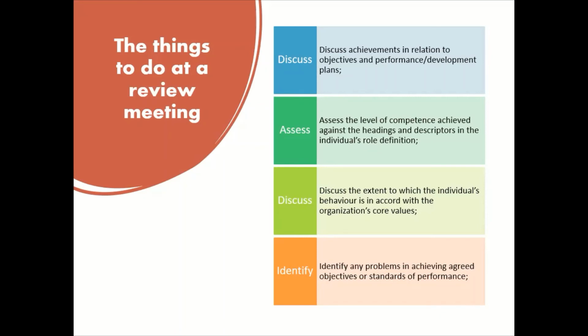So these are the things to do at a review meeting. Therefore, we have to discuss employee performance, then discuss the achievements, and then assess the level of competence, discuss the individual behavior, and identify any problems in achieving objectives.